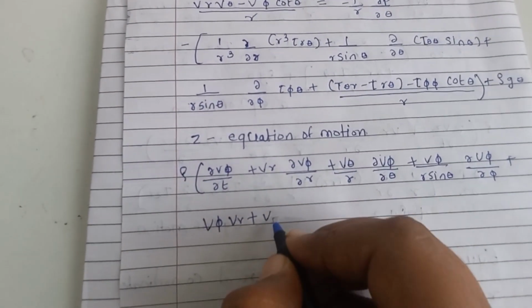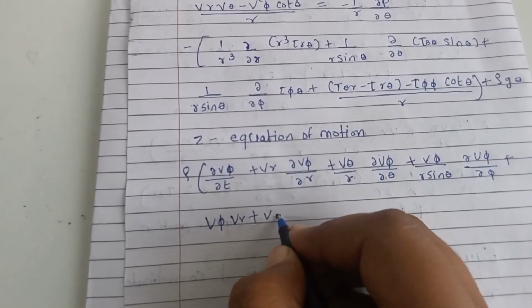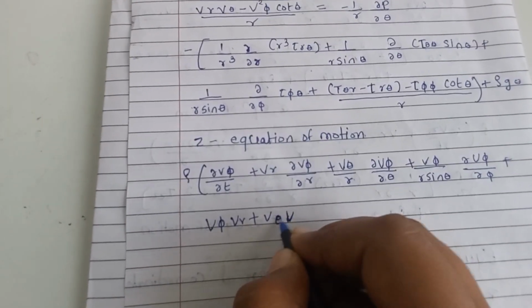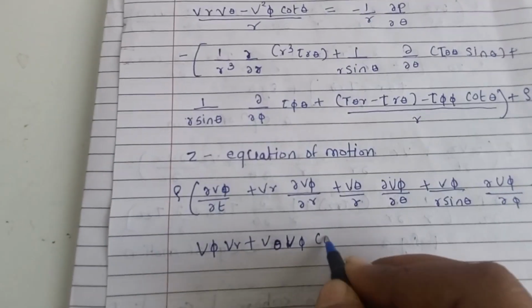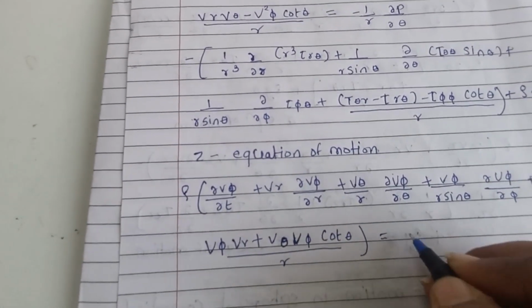Actually this equation looks quite difficult, but we can prove it. Then V theta into v phi into cot theta upon r. This whole term represents the left hand side term.